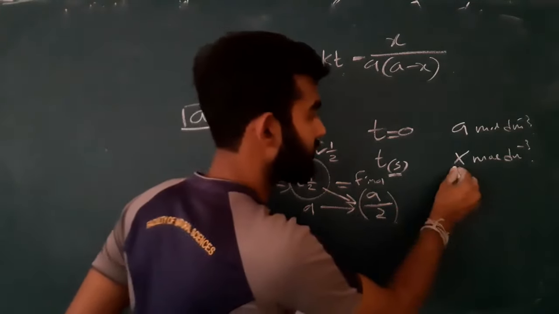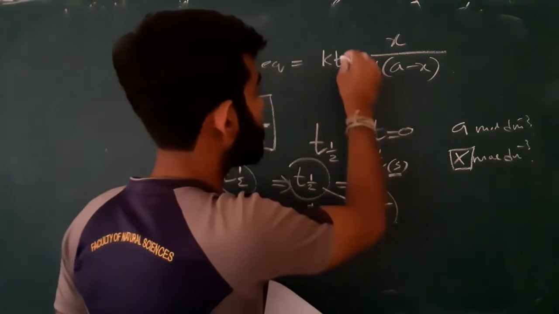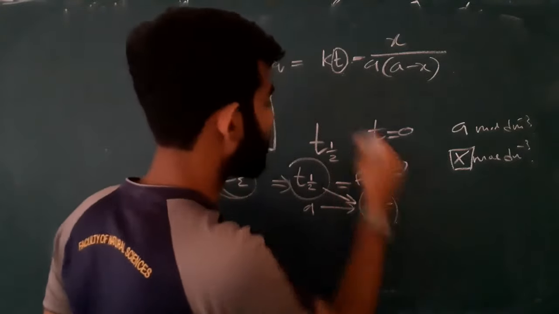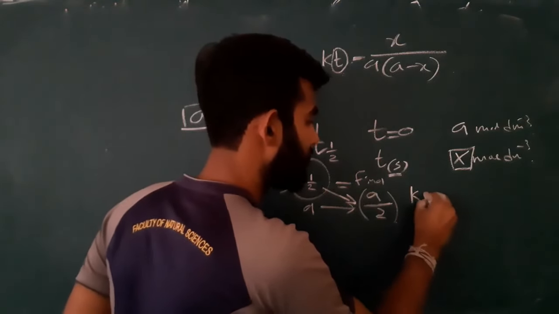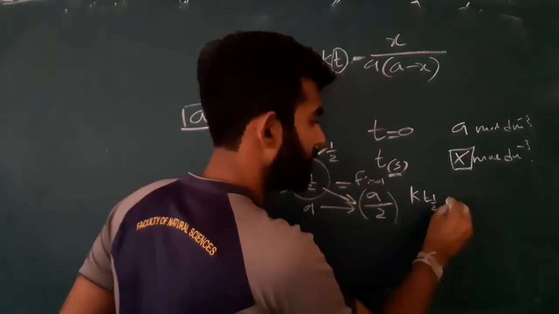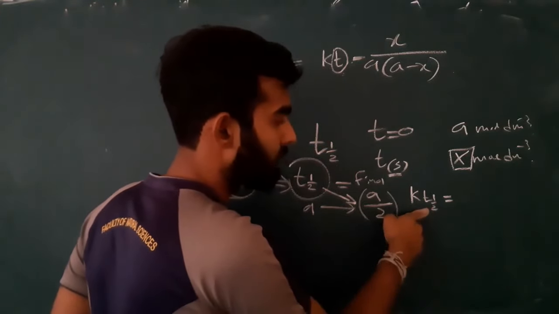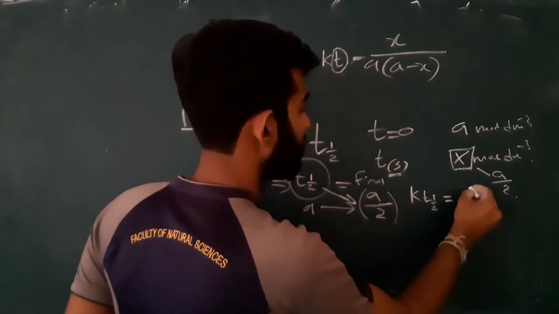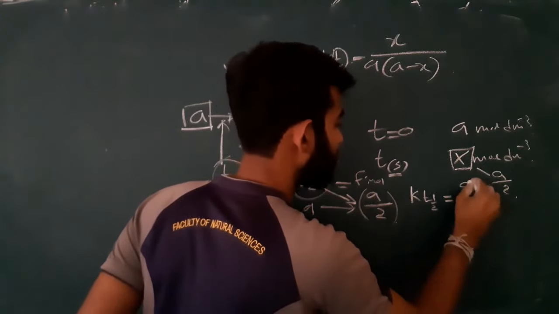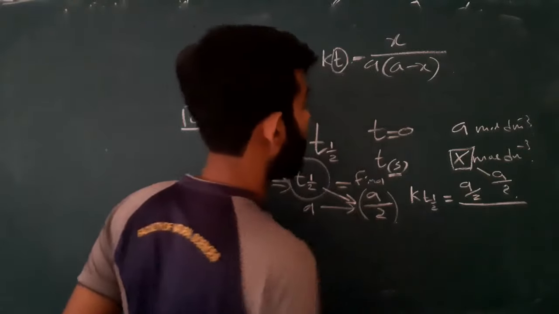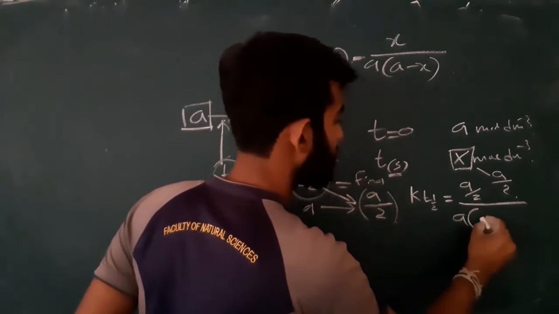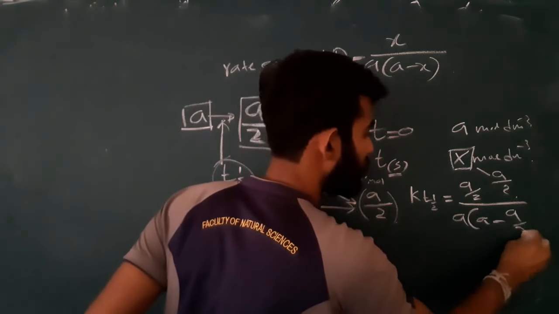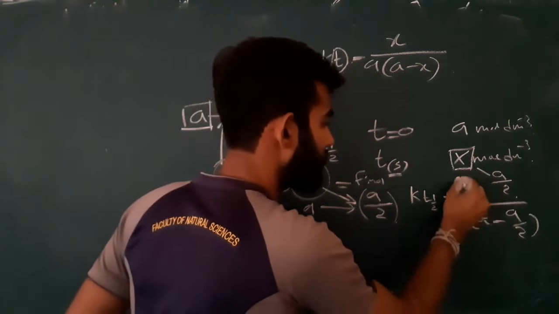Here the final concentration is x at time t. However, in half-life, this expression I can write as k t half. At t half, final concentration x will be a over 2. So instead of x, I will substitute a divided by 2, and a minus x means a over 2. So we can simplify this equation.